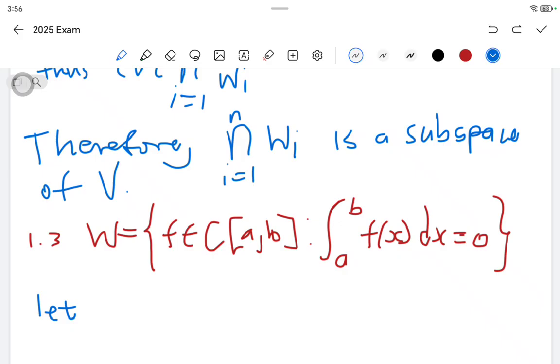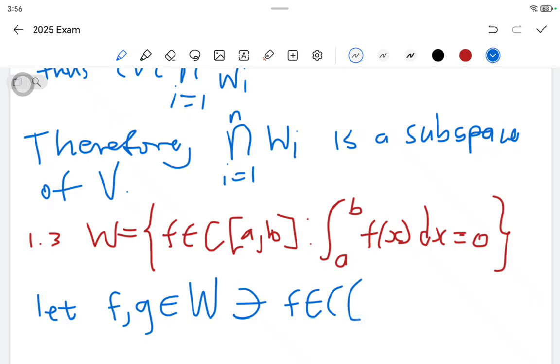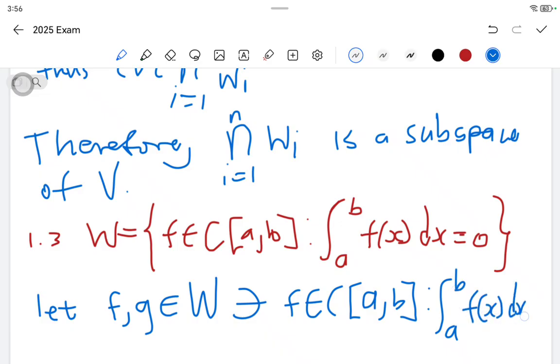Such that this f is a continuous function over a closed interval [a,b], such that if we take the integral of that function with respect to x, we are going to get 0.